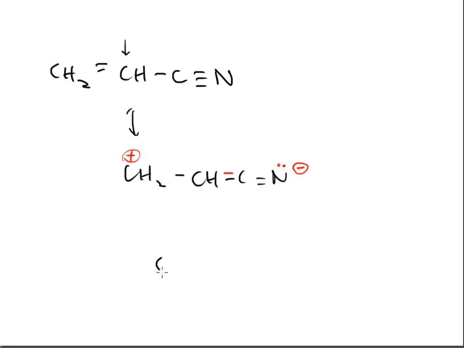So how do we do that? Well, I'll do CH2, double bond, CH, carbon, triple bond, N. So sometimes this double bond happens right here, right? So what I'll do is I'll show that with a dotted line. And sometimes that bond is flipped over on the other side of the carbon.